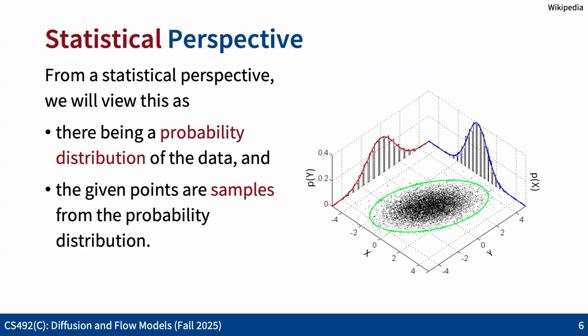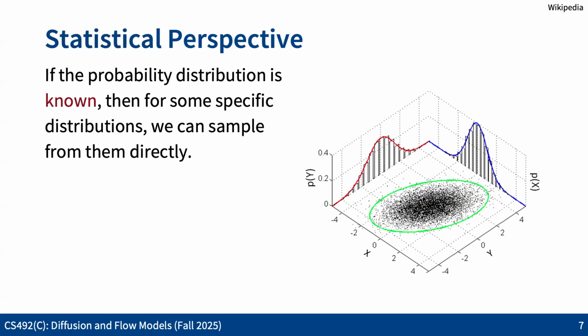We assume there is an underlying probability distribution which defines our data distribution, and the given 2D points are samples from that distribution. Then the problem becomes how we sample new data points from that underlying distribution. That's the statistical perspective of the generation problem. Makes sense?